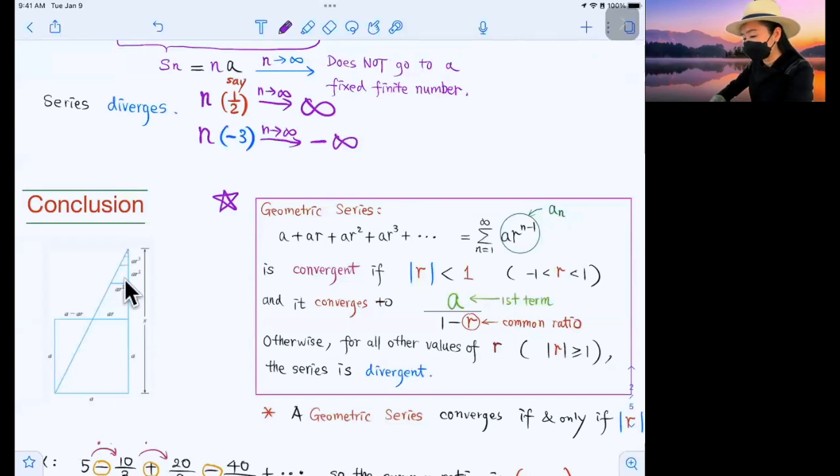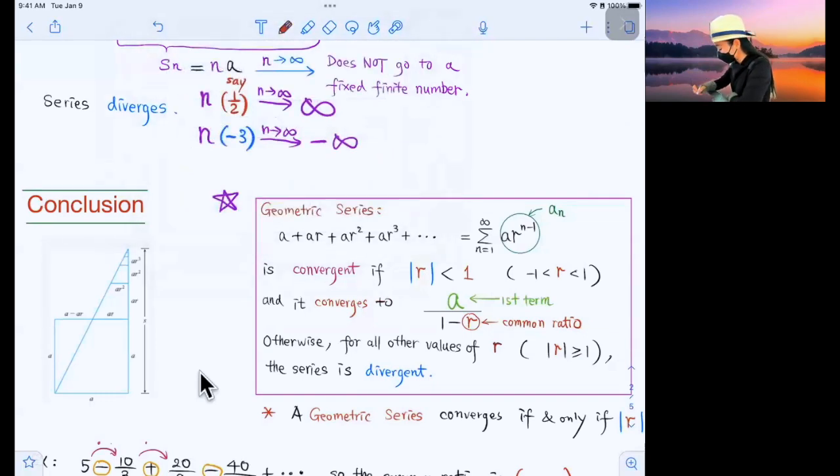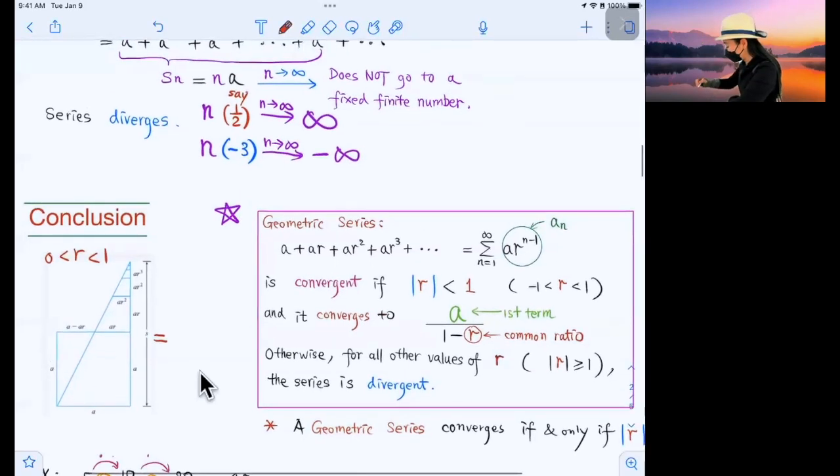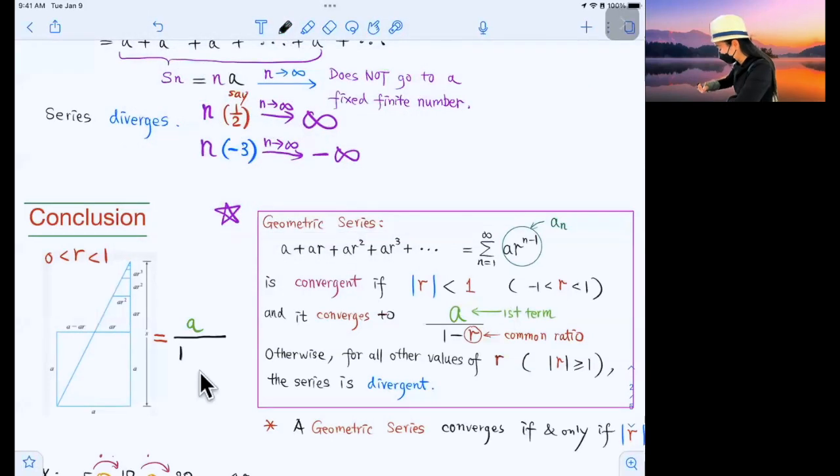And how long is this length here? Can you tell me? Remember, r here is between 0 and 1. Then S, what does it equal to? It converges to a over 1 minus r.